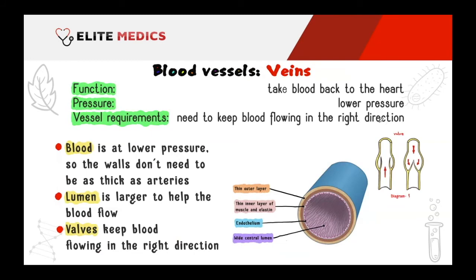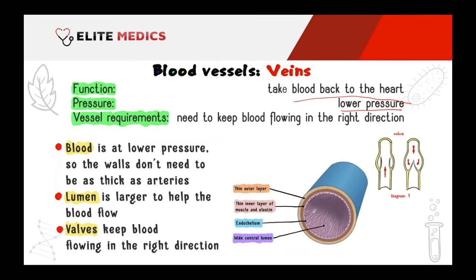Right, so on to veins. So remember I told you veins take blood back to the heart, okay? They take blood back to the heart, and it's at a much lower pressure than it is in arteries. And the way that it has a lower pressure is because it's got thinner layers.